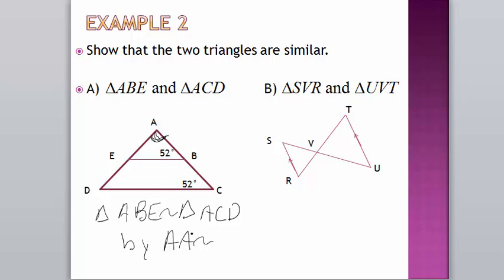So let's look at part B. We want to show that triangle SVR and triangle UVT are similar. Well, at first you may look at it and say, I don't know anything about any of the angles. Nothing's marked. Well, you're right. But these little arrows mean something. They mean that SR and TU are parallel. So we're going to use that.